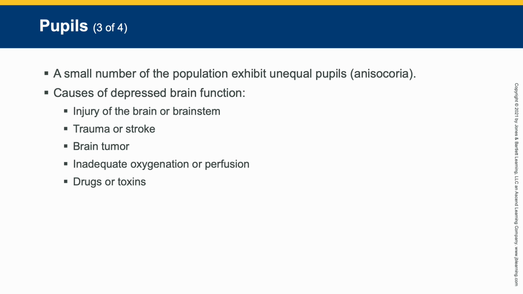And then, in more rare cases, a brain tumor or a lesion. So in these cases, you may also observe changes in the patient's mental status, their speech, motor control, maybe their vital signs. These pupillary changes are part of the overall neurologic picture, and should never be viewed in isolation.